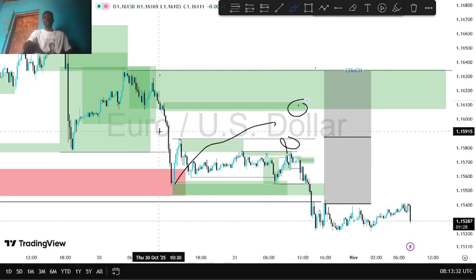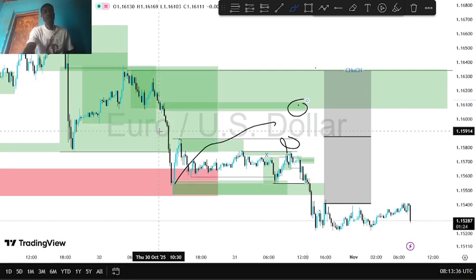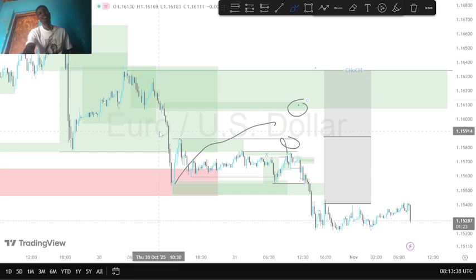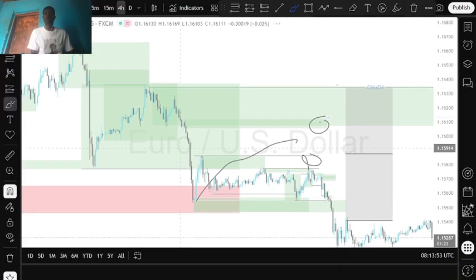So on the normal strategy, the game plan, or the highest probable option, is to wait for price to come to this area here.